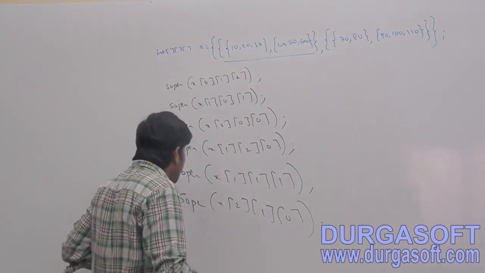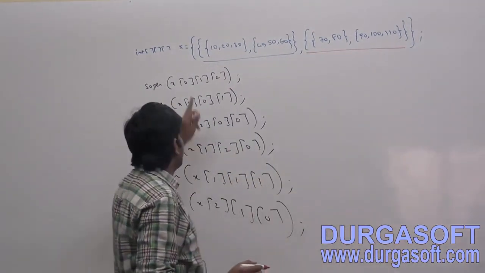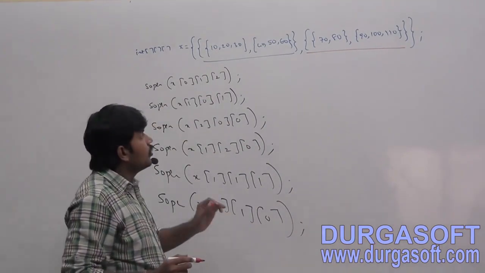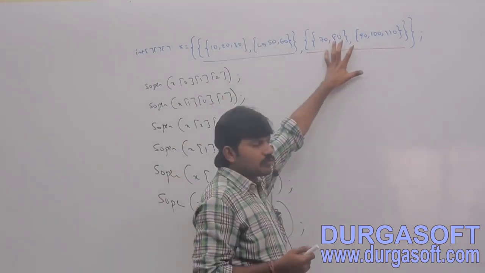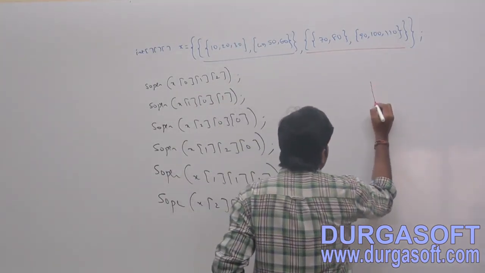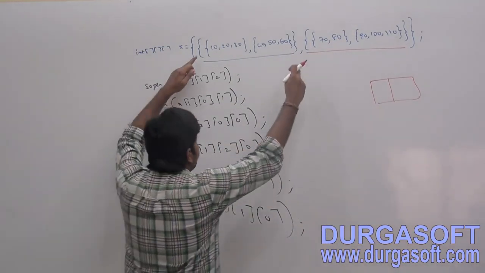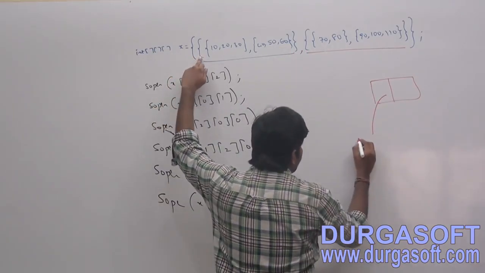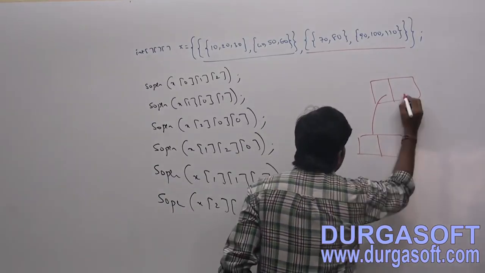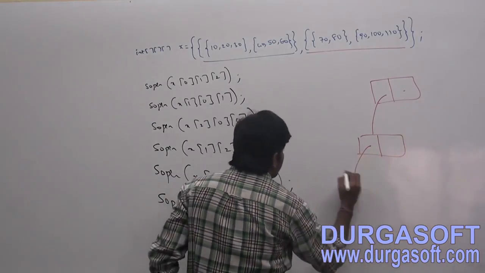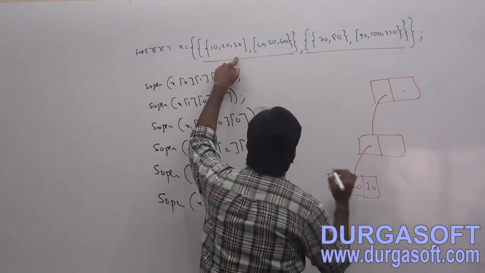Let me convert. Can you tell what is the dimension of this array? 3 dimensions, 3 curly braces. What is the base size? 2: first 2-dimensional array, second 2-dimensional array. That's why the base size is 2. The first is a 2-dimensional array, once again base size 2. In the first one, a 1-dimensional array with 10, 20, 30.